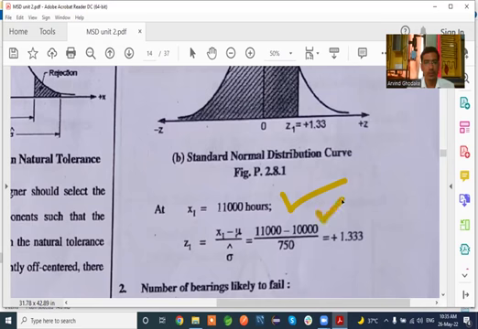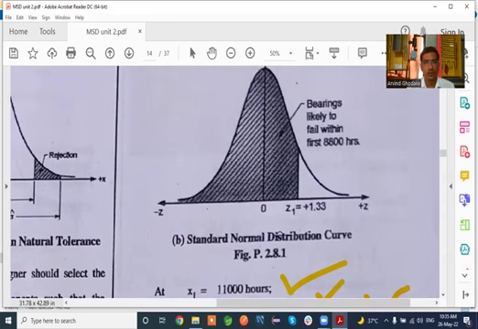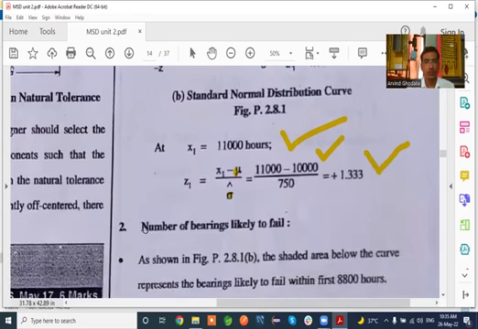By putting the values of X1, mu, and the standard deviation, we get Z1 equal to plus 1.333. So here we draw the standard normal distribution curve from Z equal to 0 to Z equal to plus 1.333. The number of bearings likely to fail is what we aim to calculate.